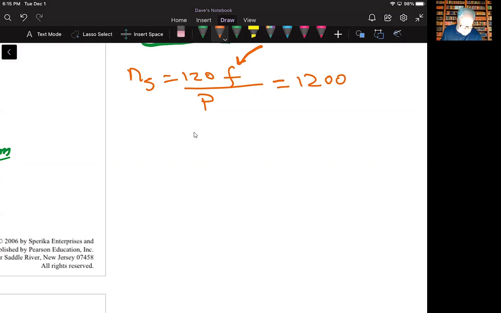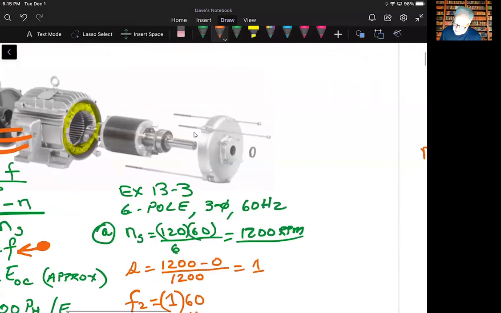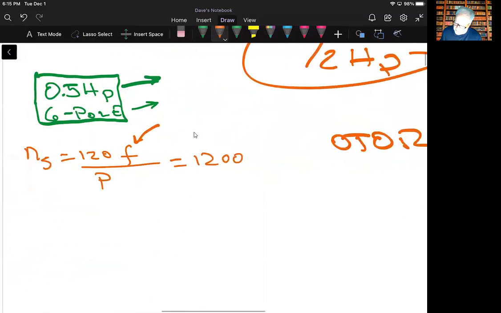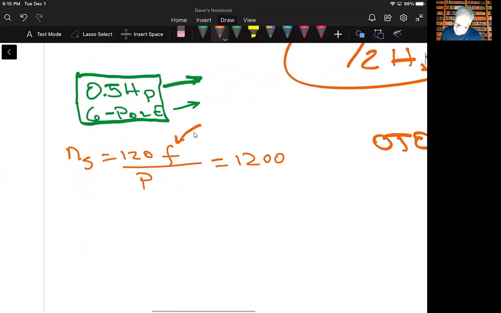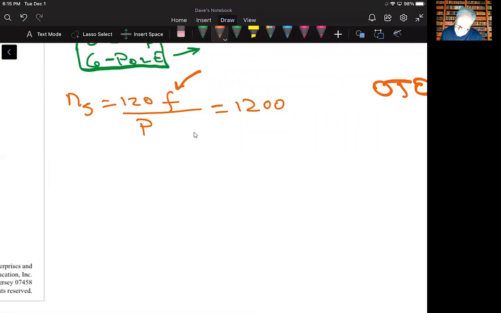Now, when he says the motor is turning, he's really saying the rotor is turning, right? Because that's what physically turns, of course, is the rotor portion of this thing. So now we can work on part B. The first thing that we're going to come up with is the slip. It's a new condition.